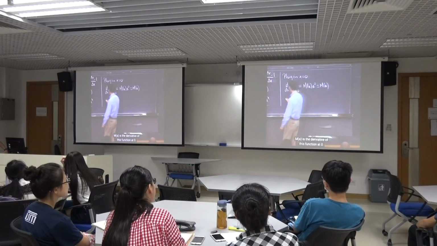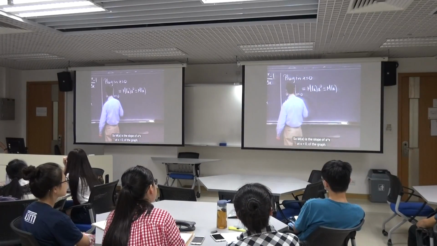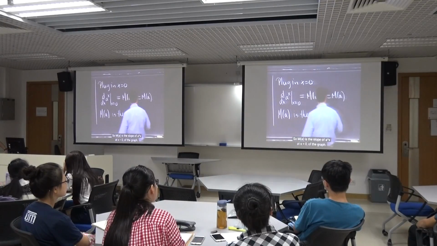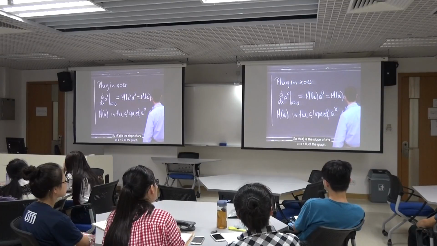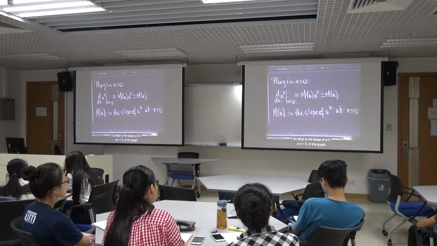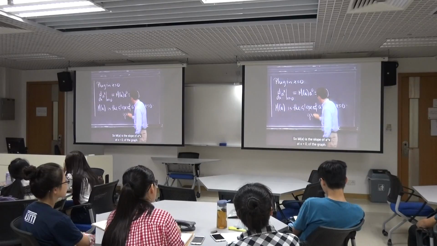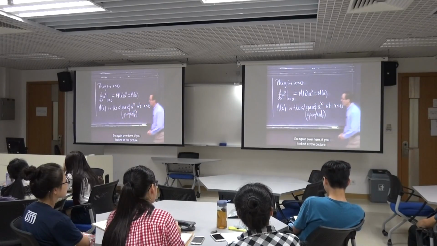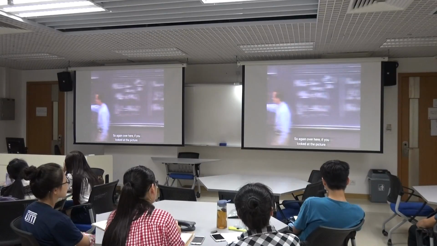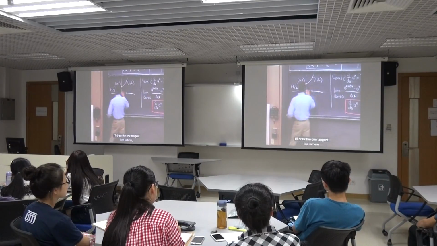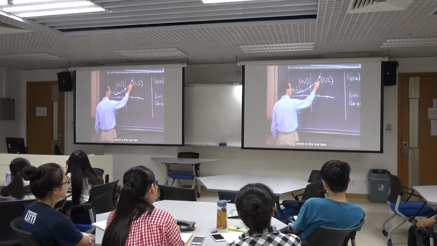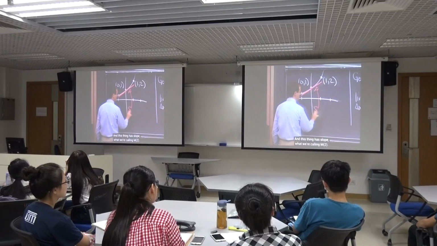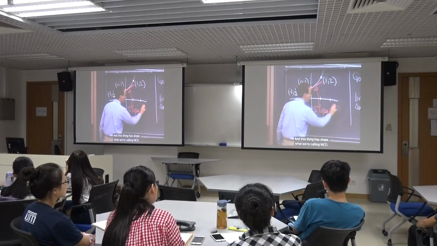M of a is the derivative of this function at 0, so m of a is the slope of the graph of a to the x at 0. Again, over here, if you looked at the picture, I'll draw the one tangent line in here, which is this one here. And this thing has slope, what we're calling m of 2.